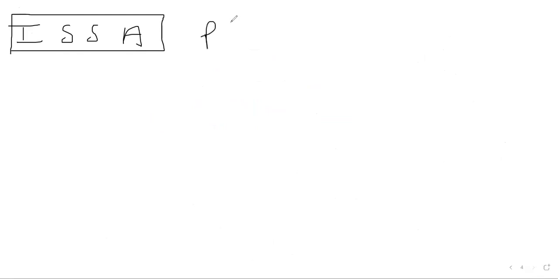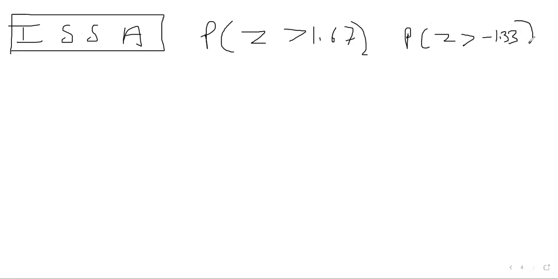So we're going to use the same principles that I've just been talking about here. So if you're asked to find the probability of Z is greater than 1.67, and the probability of Z is greater than negative 1.33, the first thing we need to learn is how to read the tables. How do we find 1.67 to start with?